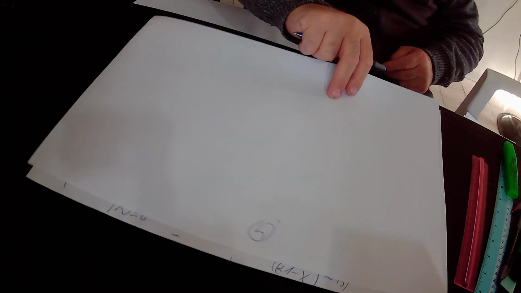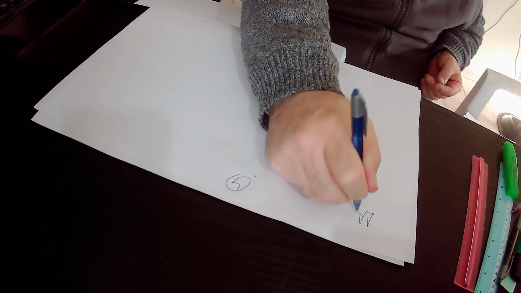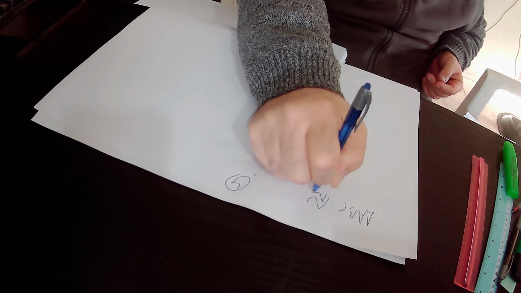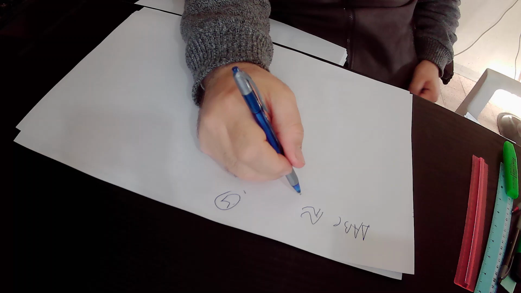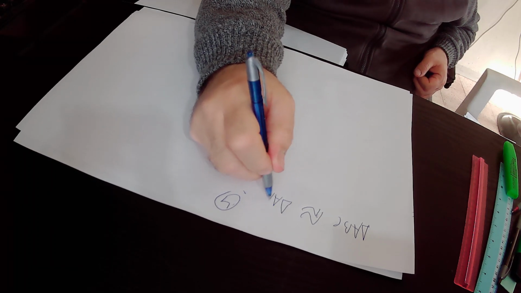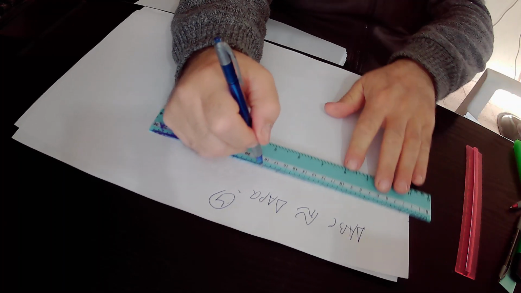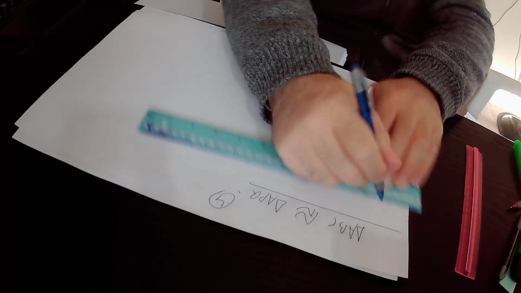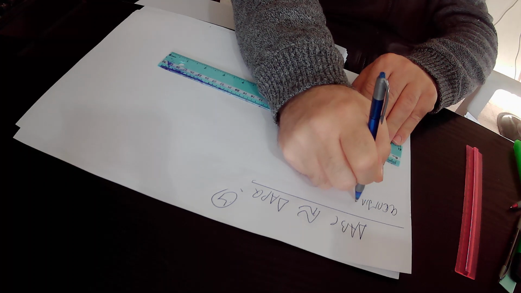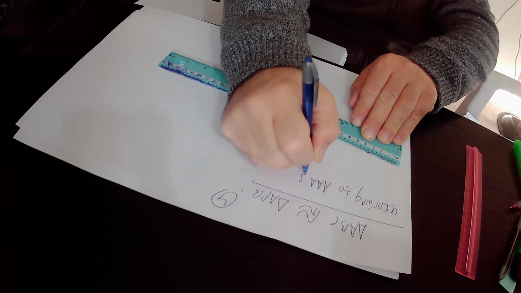Actually found out that the big triangle ABC is similar, this is the sign of similar, to the small triangle APQ, according to angle similarity rule.